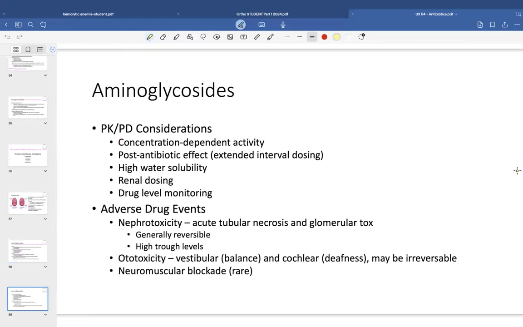They're very hydrophilic. Have to look at renal function for those indications. That's the main ramification. And the other reason, obviously, is the toxicity because it causes nephrotoxicity and ototoxicity.